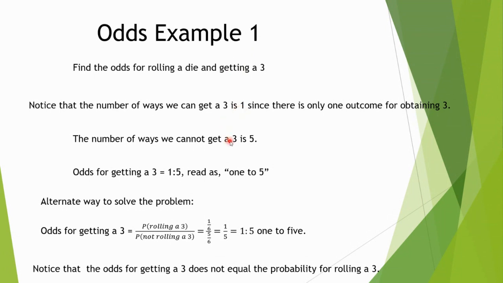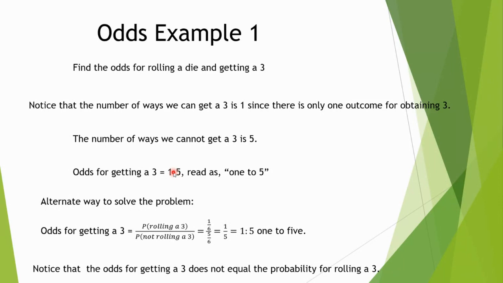How many ways are there that we do not roll a 3? Well, there are 5 ways, right? Because there are 5 other outcomes. In other words, the odds for getting a 3 are 1 to 5. That's the odds for getting a 3.